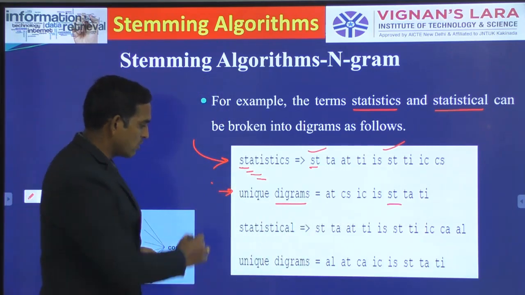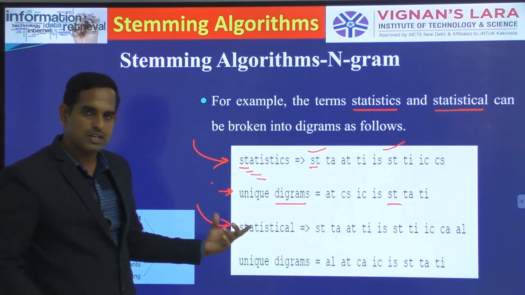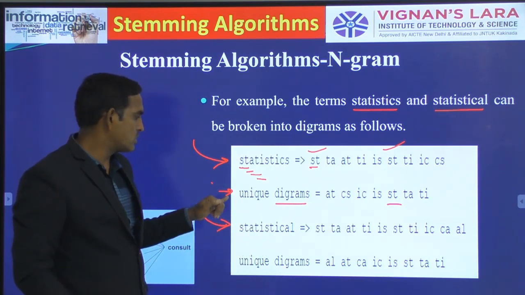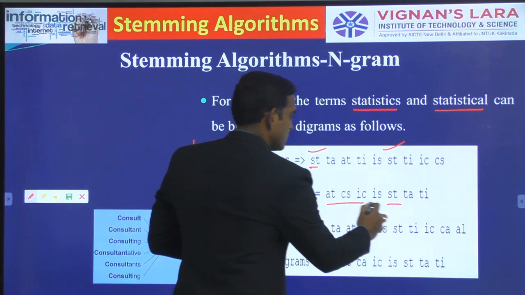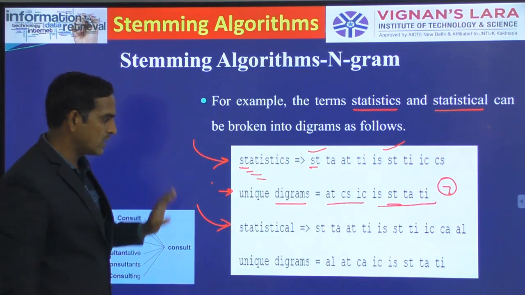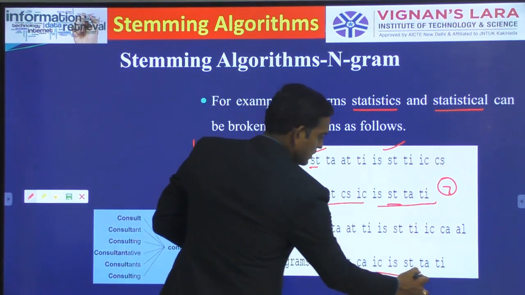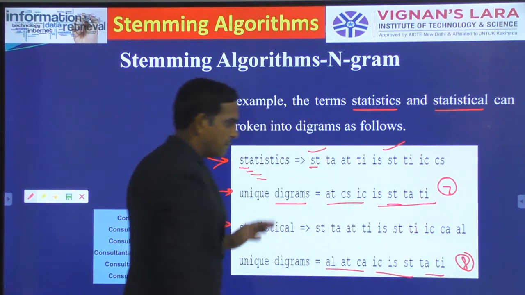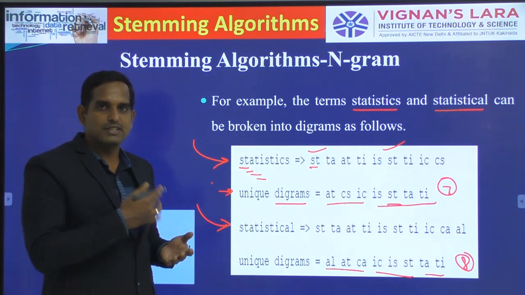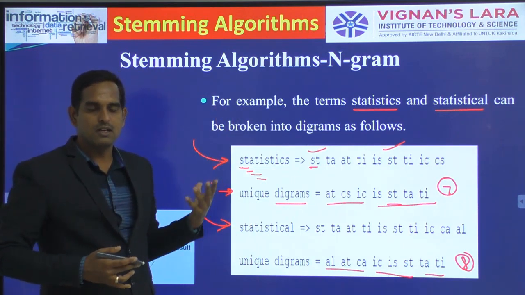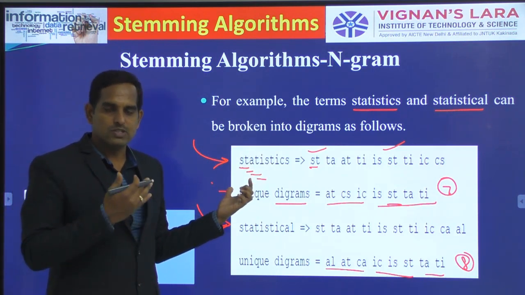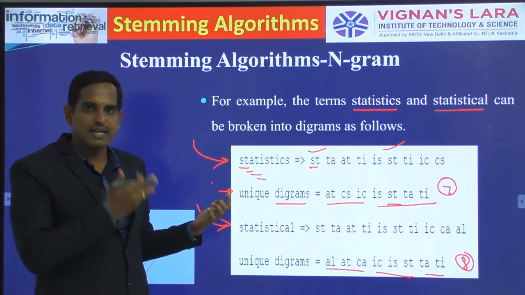In a similar sense, we will find out the unique diagrams for your statistical word as well. So we have 7 unique diagrams for your statistics word, and you have 8 unique diagrams for your statistical word. This is the first step of the n-gram method, where you have to decide whether you are going for a diagram or a trigram.